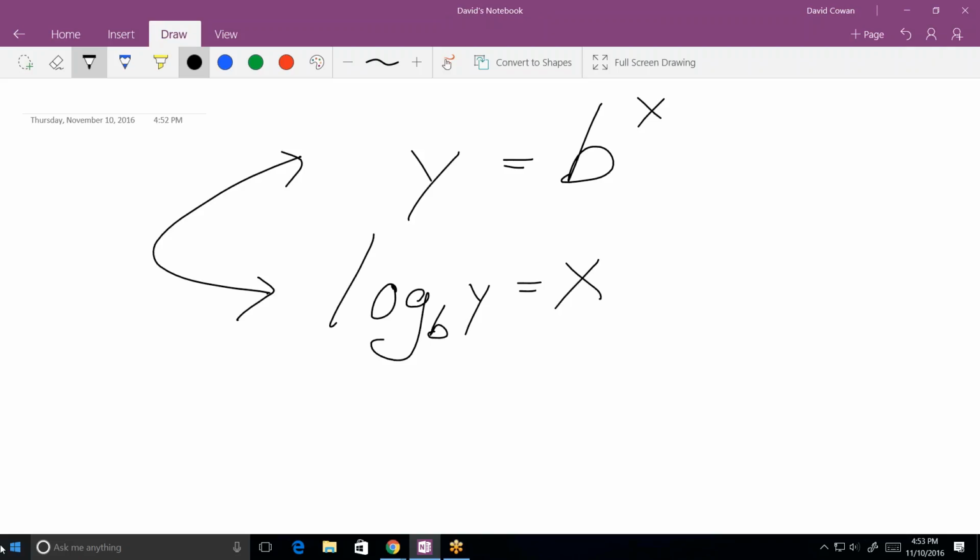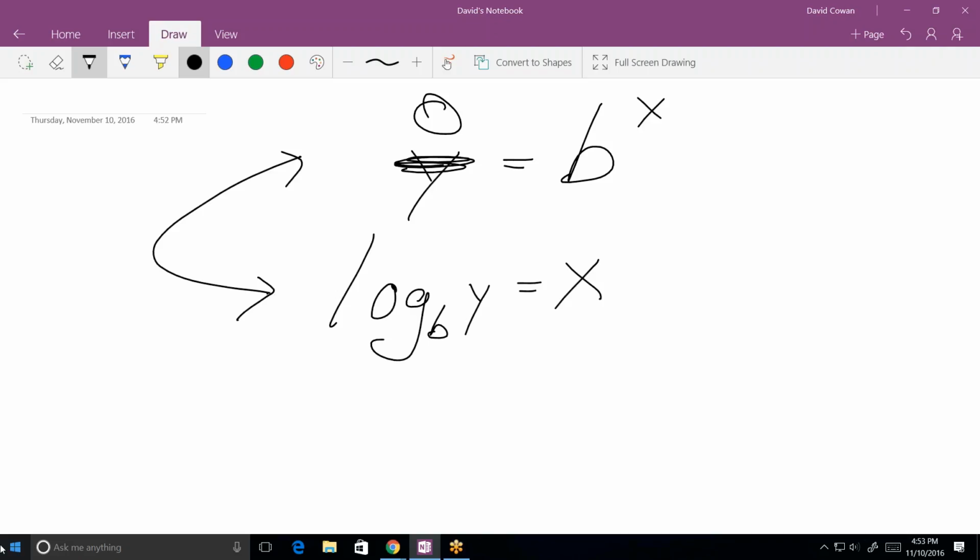Well, if I make y 0, how do you take a number to some power and get it equal to 0? You can't do it. There is no value for x that will produce a 0. Remember that if x is 0, the whole thing's equal to 1. Yeah, b to the 0 is 1.